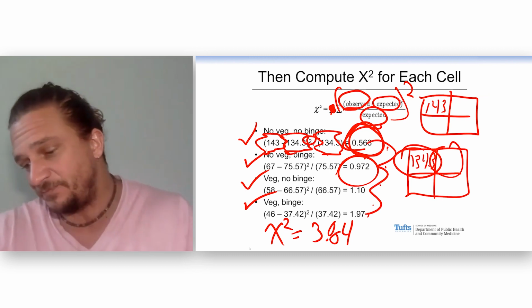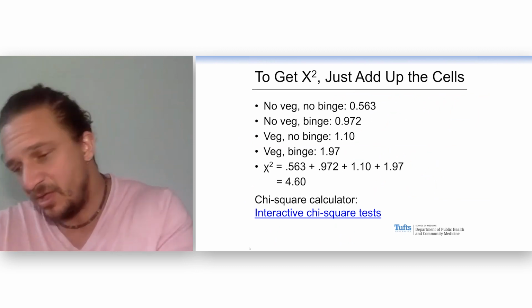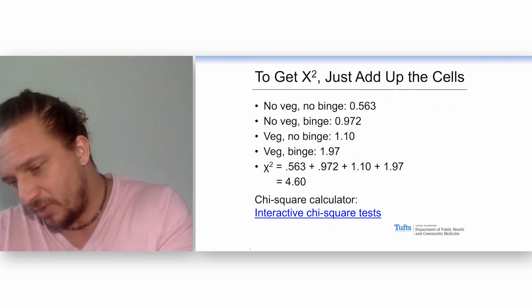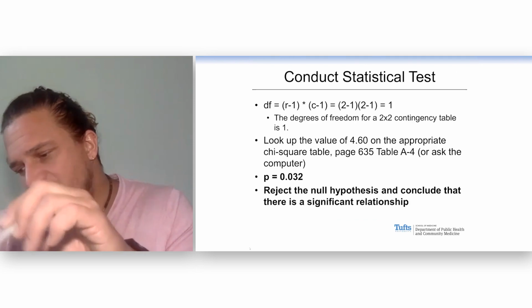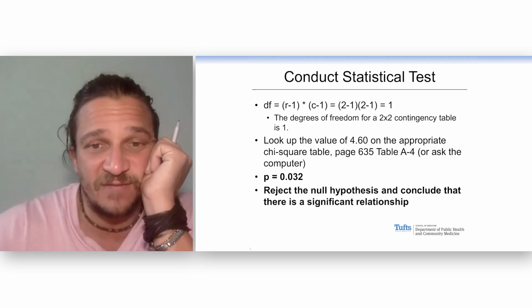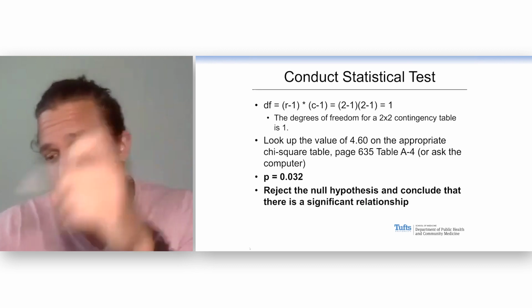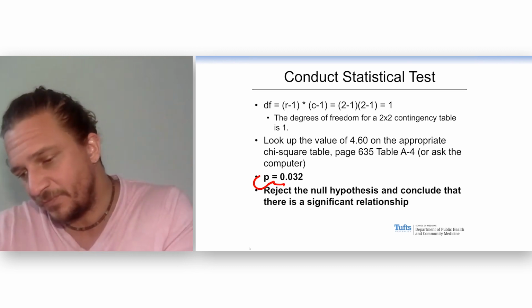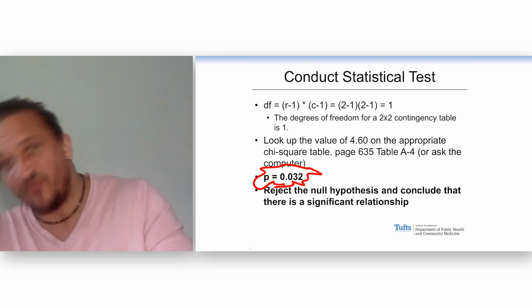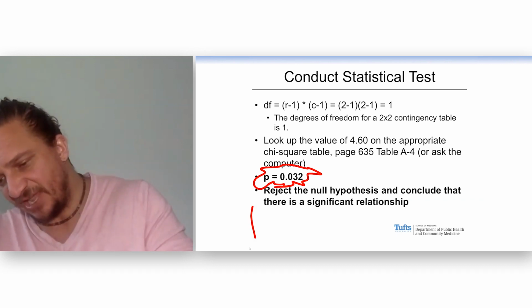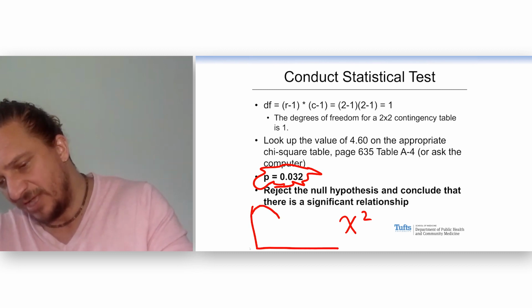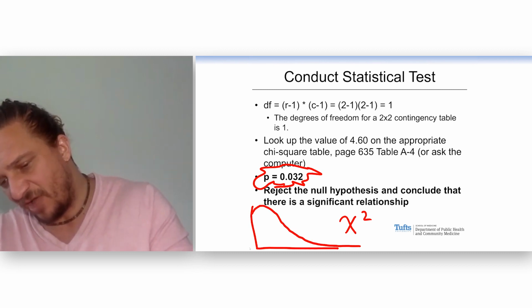I take that number, which is 4.60. And then I want to see what's the probability of getting 4.60 if the null hypothesis is true. So I'm going to draw out what I would expect to see if there was nothing going on. I would expect to see something around 0. Sometimes just by chance alone, I'd get something a little higher.